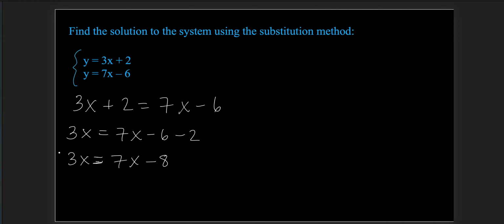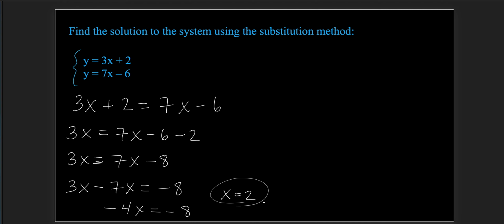And now I need the 7x over by the 3x, so I'm going to subtract 7x from both sides. So 3x minus 7x equals negative 8, and that'll make negative 4x equals negative 8. So I can see x is 2 there. So my answer is 2 something.